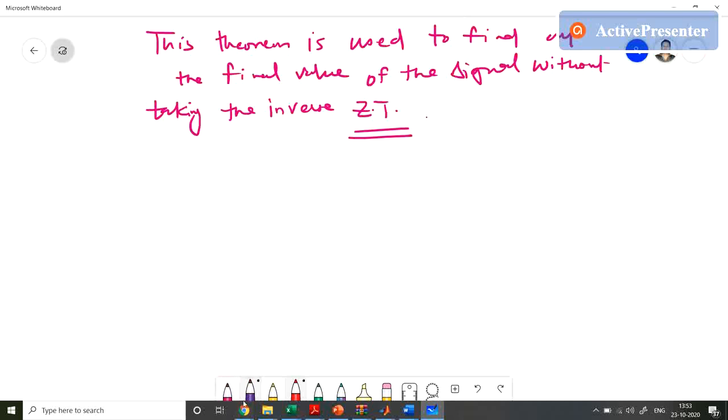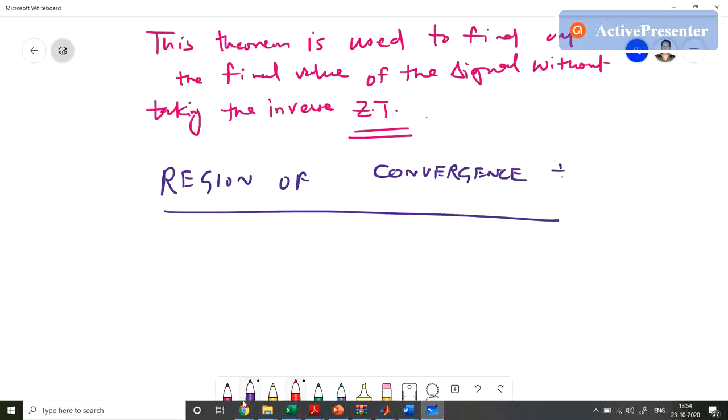Now let us discuss a very important point, and that important point is the region of convergence of the Z transform. So what is the region of convergence?